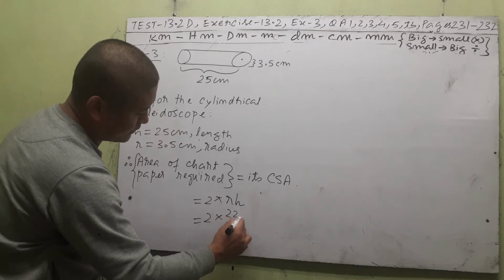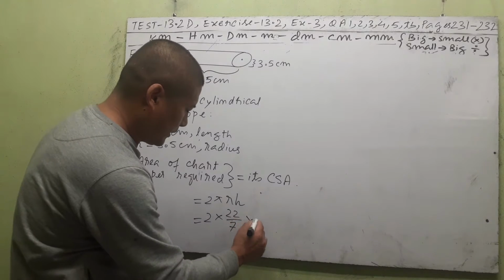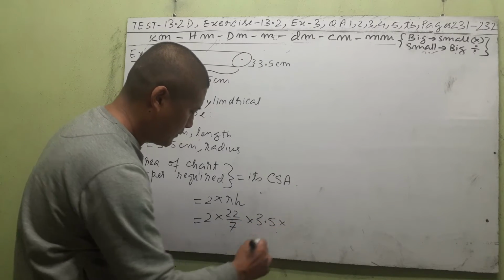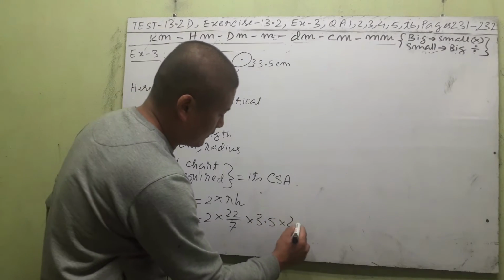So we can use pi as 22/7. Even the question says that R is 3.5 into H, here R is 3.5, H is 25.